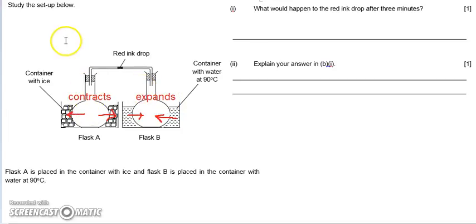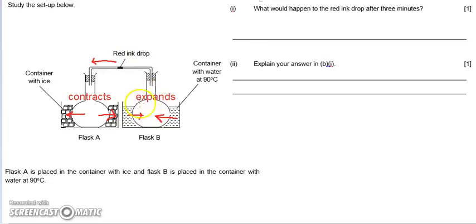So when this contracts and this expands, there will be lesser volume of air here and more volume of air here. Remember, air has no definite volume, and therefore there will be lesser air here and more air here.